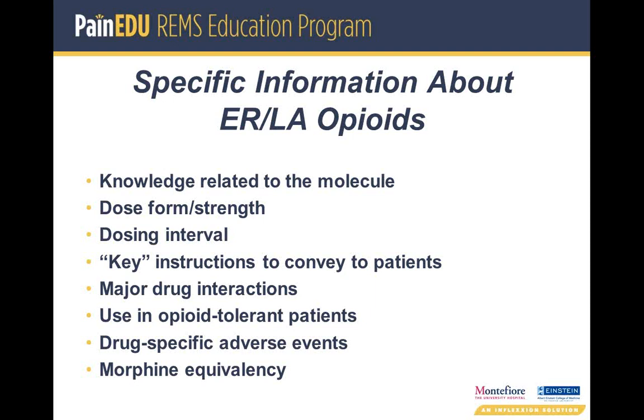Now, on the specific side of the education, it was particularly focused in the blueprint on knowledge related to the molecule itself, dose formulation and strength, dosing interval, key instructions to convey to patients and caregivers, what the major drug interactions people needed to be on the lookout for, and whether or not even the specific agent was approved or appropriate for use in opioid naive or opioid intolerant patients versus opioid tolerant ones.